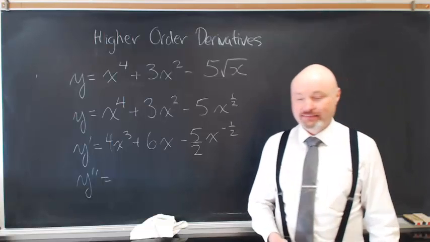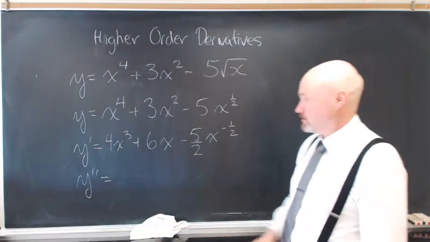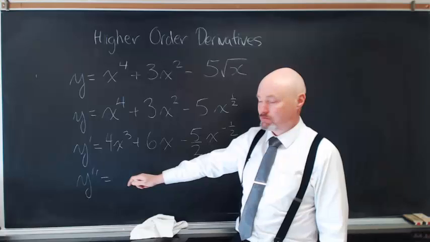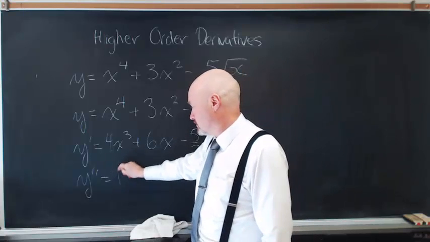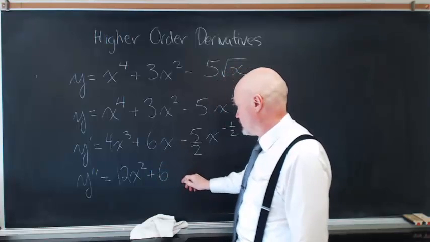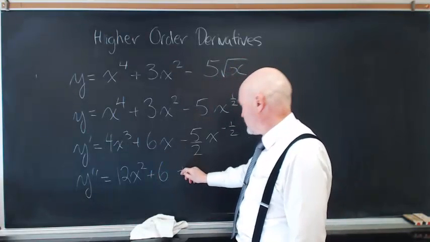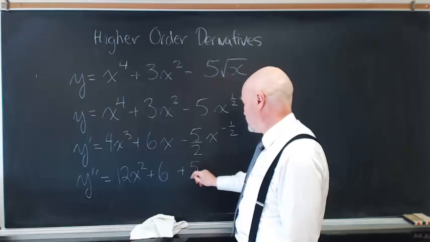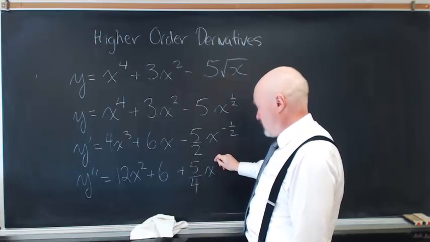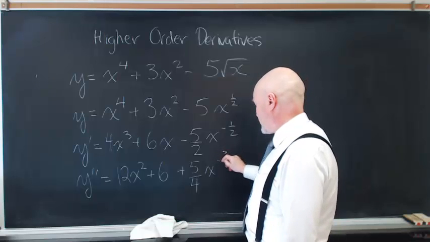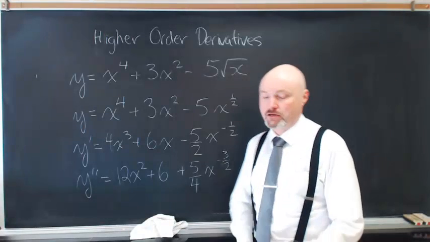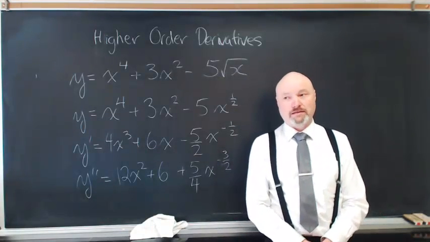Okay, so that's 12x squared. That's right. Plus 5 over 4, x to the exponent negative 3 halves. Correct. Yeah, that's right.